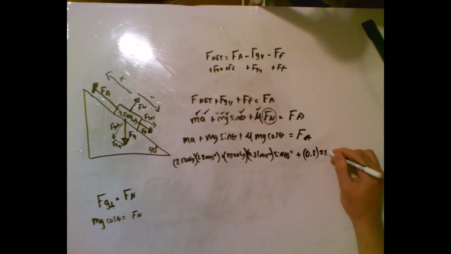And then 2,500 kilograms. And then our g, which is 9.81. And then our last one, which is cos of 40 degrees. I don't know if I'm off the screen at that point, but yeah.